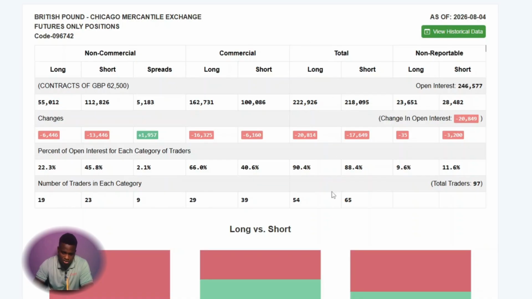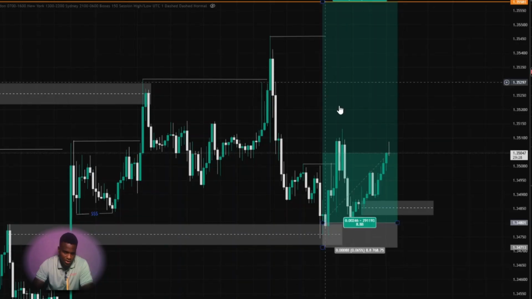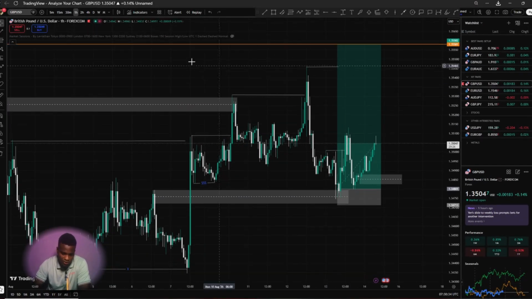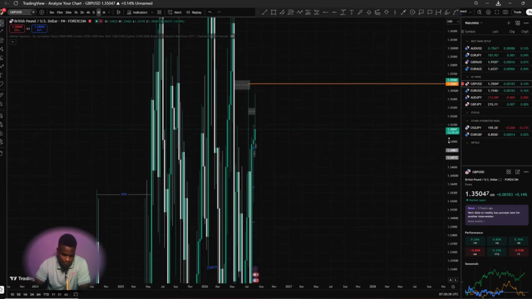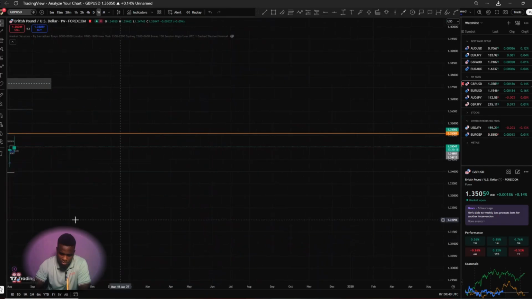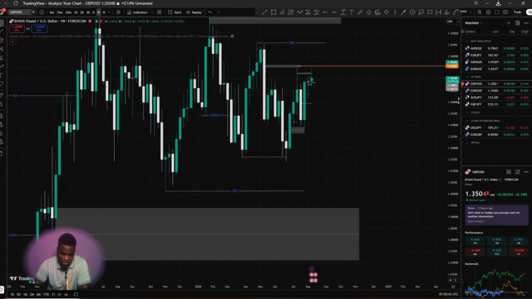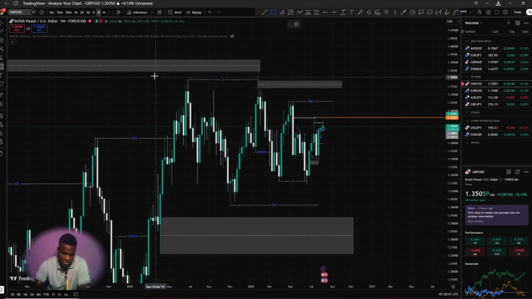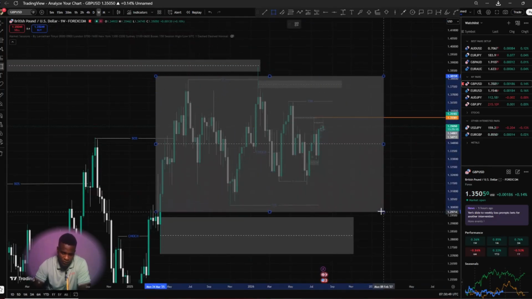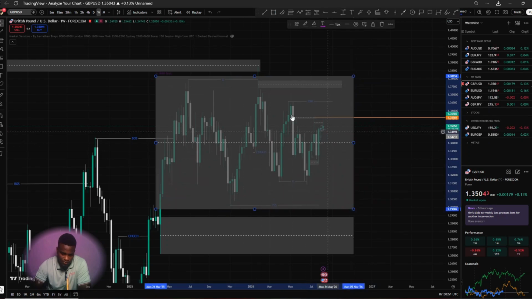So I go over to my TradingView, to the weekly time frame. I want to mark out the COT and the fundamentals I've just seen. If I zoom out properly, I have so many weeks, this should be months of accumulation right here.